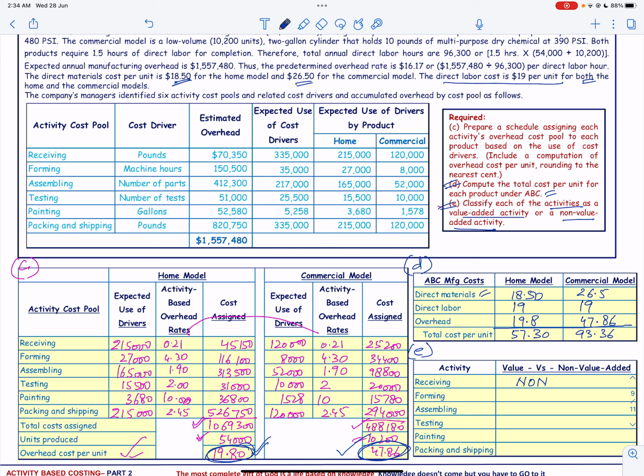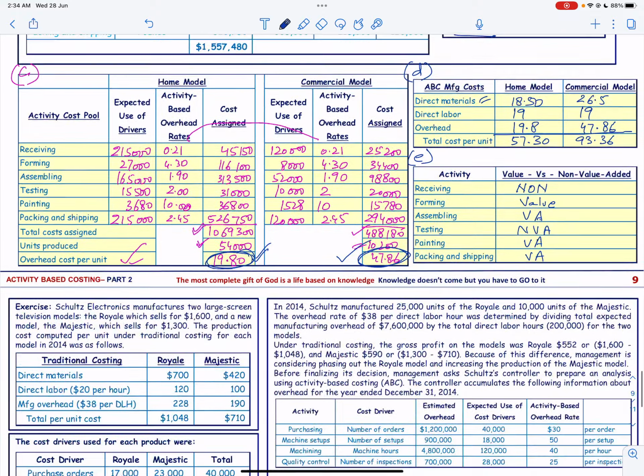Forming, yes, you can see the forming is value added. Assembling is value added again. Testing is non-value added. Then we have painting, which is value added, and finally we have packaging and shipping, that is also value added.